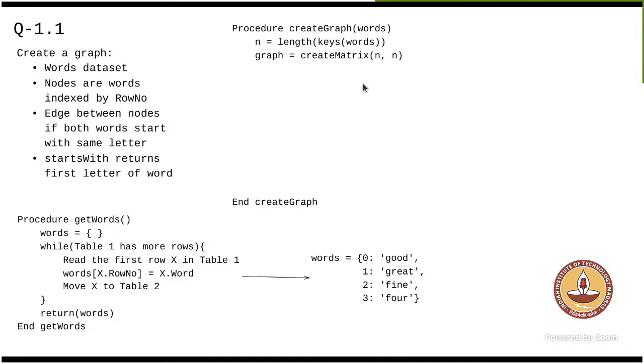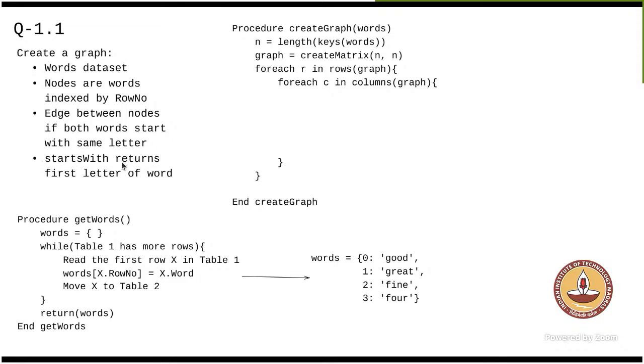Now, what will be the next step that we do? We'll iterate through the graph. For each R in rows of graph, or each C in columns of graph, we have to create an edge. When do we create an edge? We have to explode the word, and check if the first element of that list is equal to the first element of the other word's list. In this case it's simpler, so we can just use this procedure that is given.